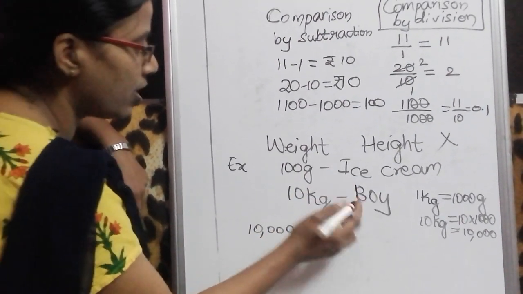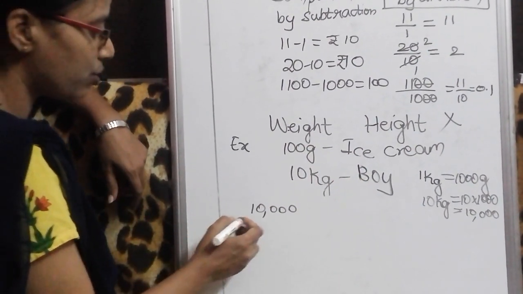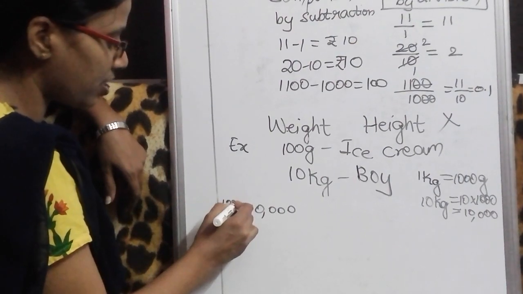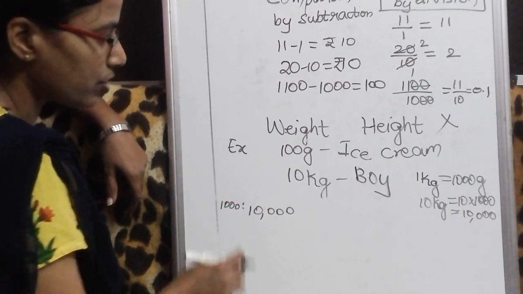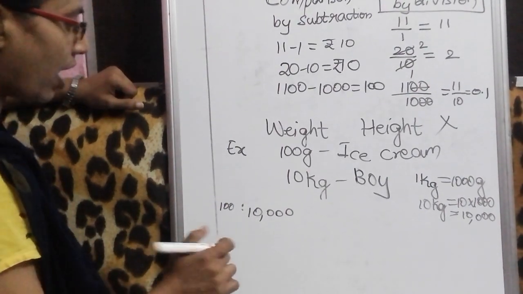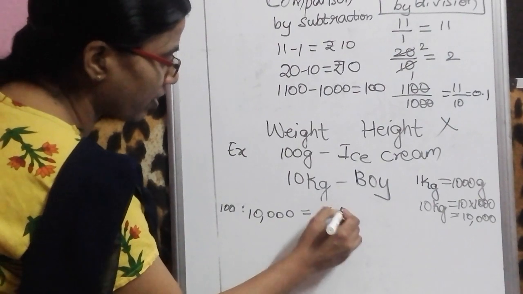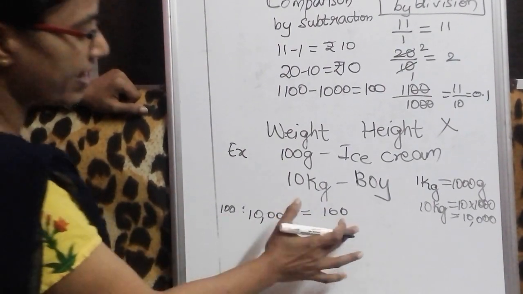So here the ratio between the ice cream and the weight of the boy: the weight of the ice cream is 100. So 100 is to 10,000. When you do this, you can write the ratios as fractions.